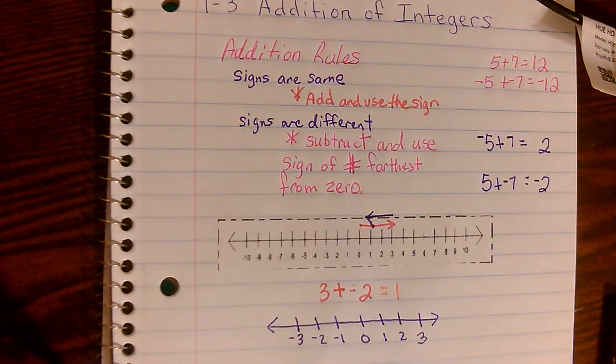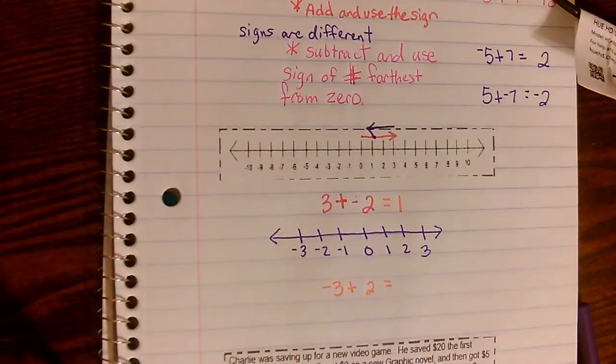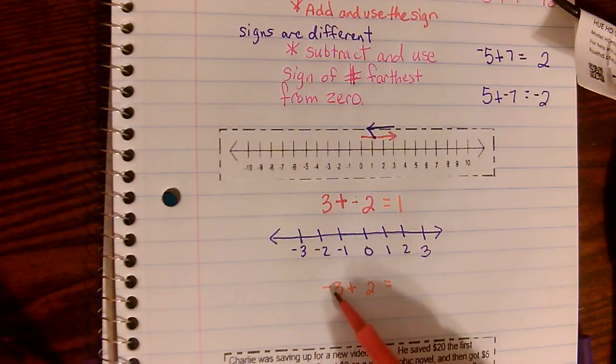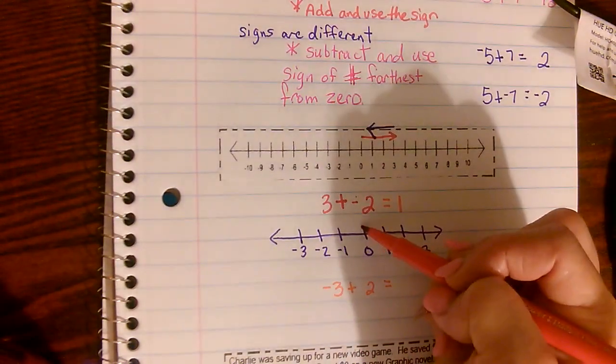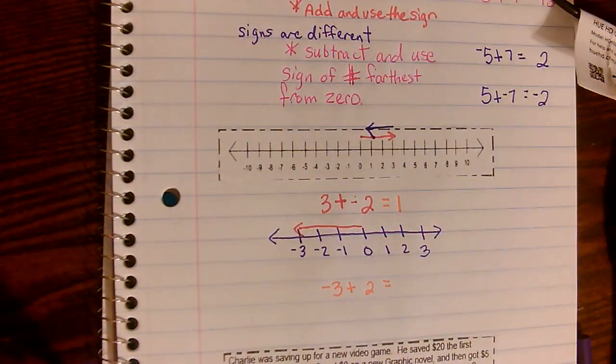Now you can use your rules that we just talked about, or you can also just use the number line. So if I use the number line, I have to start at 0. Well, if I start at 0, I'm going to negative 3. Here we go, over to negative 3. Then it says add 2. Well, that's positive.